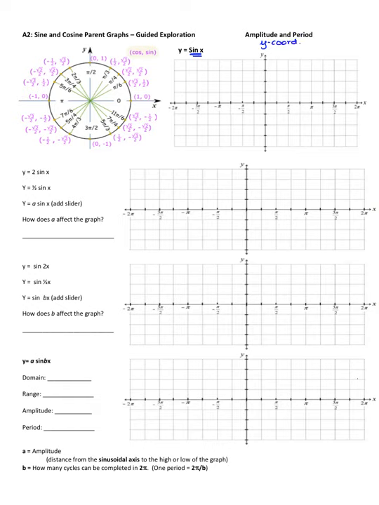So what we can do is take these coordinates that go around the unit circle and then roll them out into our rectangular coordinate system. And we're going to do that for sine by looking at the y values here.